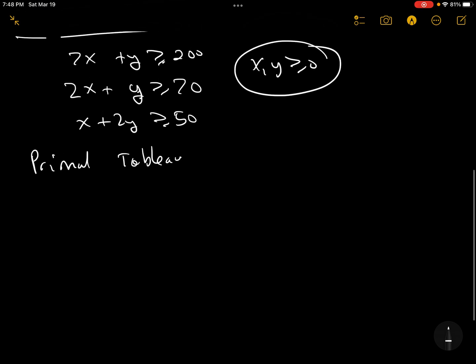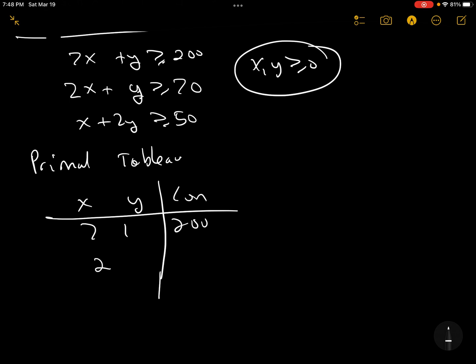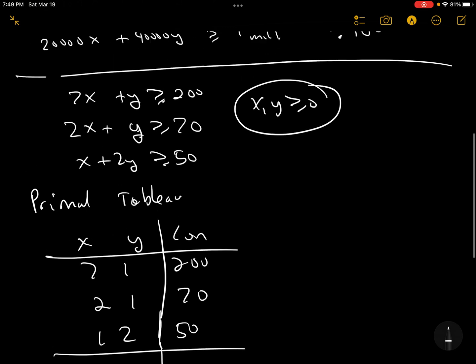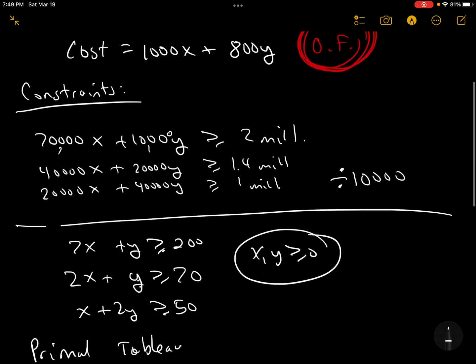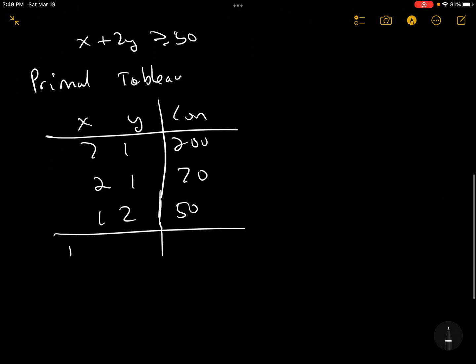You get x, y, constant: 7, 1, 200; 2, 1, 70; 1, 2, 50; and then the objective function 1,000 and 800. So that's your tableau for the primal problem.